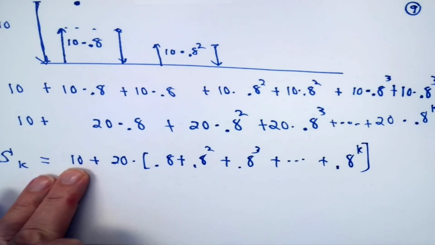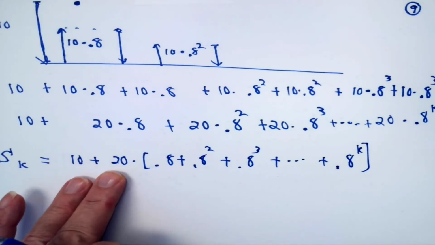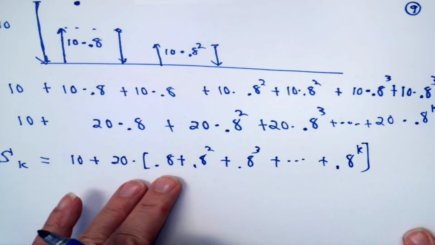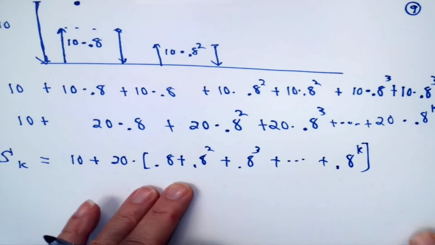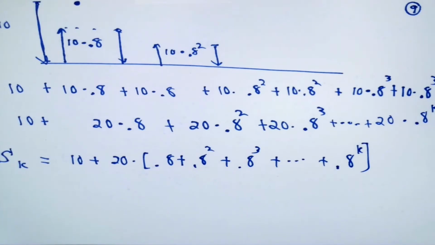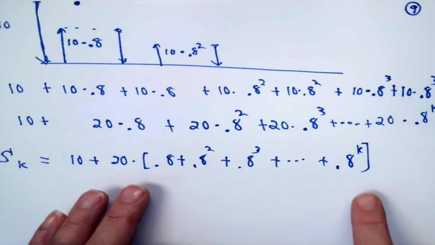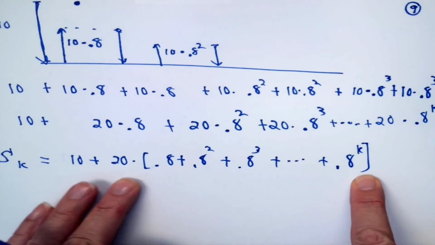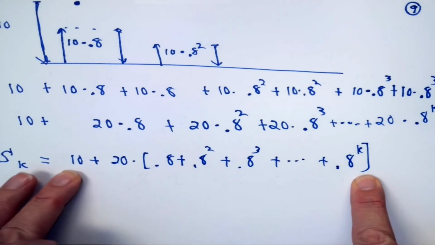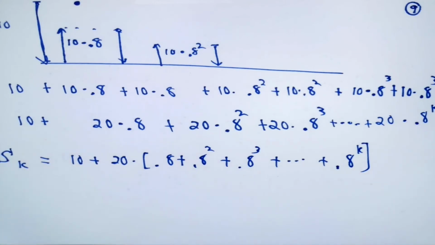This is a constant term. This is a constant factor. If the limit of the thing in the bracket makes sense as k tends to infinity, then I will have a formula for what's in the brackets. I'll multiply that by 20, I'll add 10, and I'll have the total distance traveled.